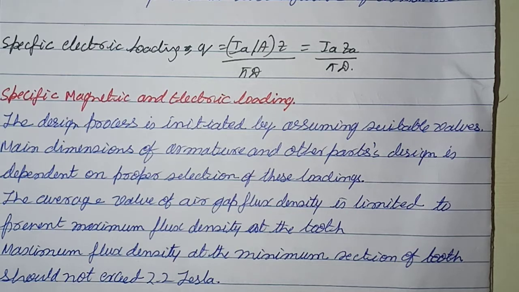We have seen the slot and tooth arrangements, when we went through the procedure for finding the MMF, the ampere turns, of the tooth. The shape is not uniform, it has a taper. So what we have to take care of is the maximum flux density at the minimum section of the tooth, where the tooth size is small, which should not exceed 2.2 Tesla.